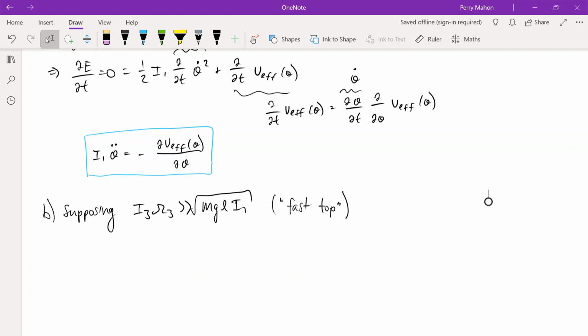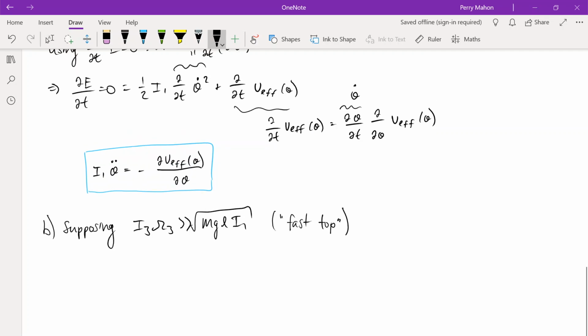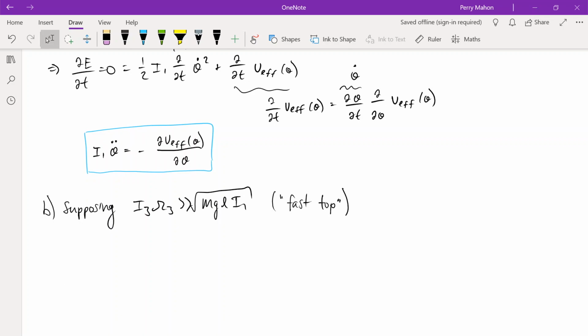Nonetheless, we're going to implement it and see what happens to this equation of motion for theta. So really what we want to do is study how V effective is affected by this approximation.